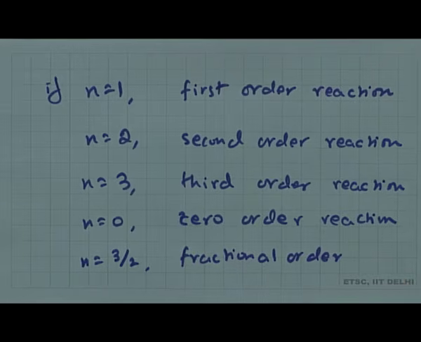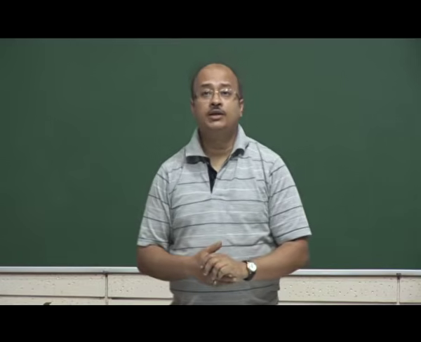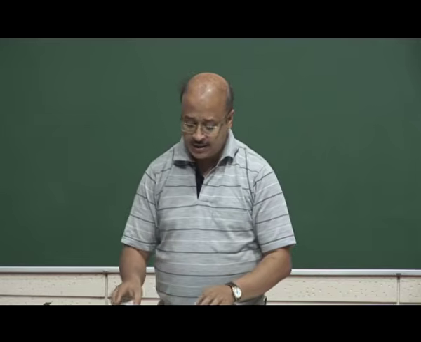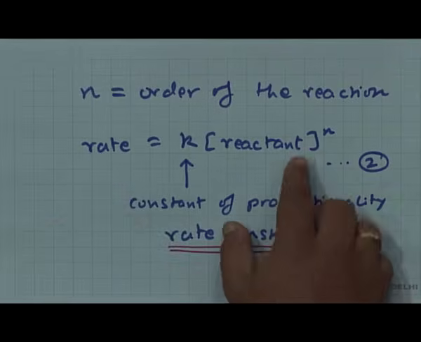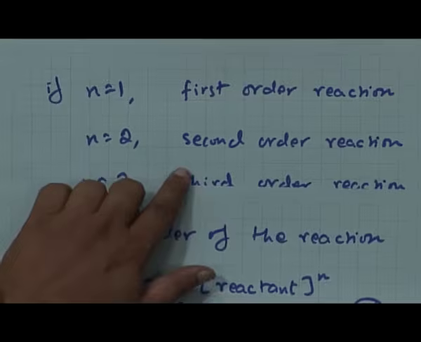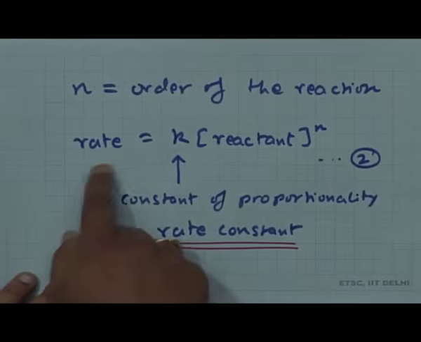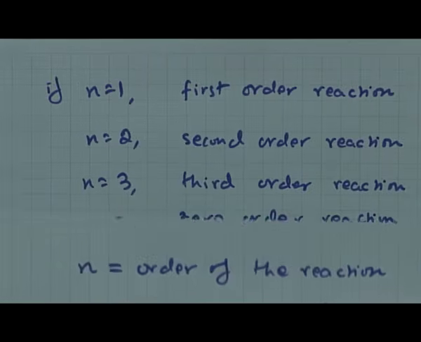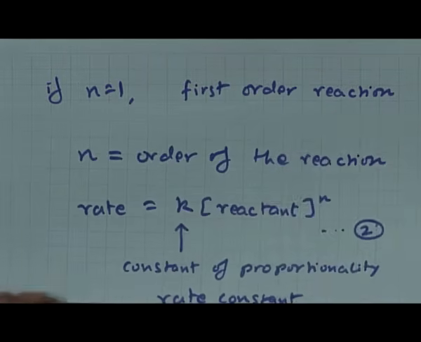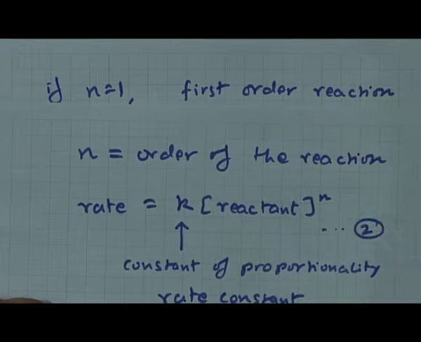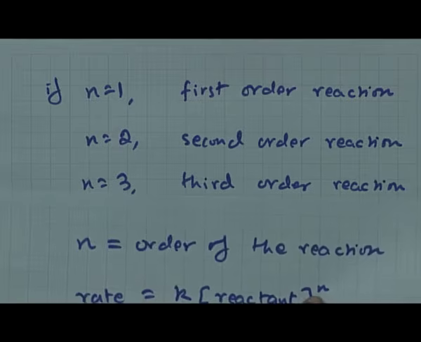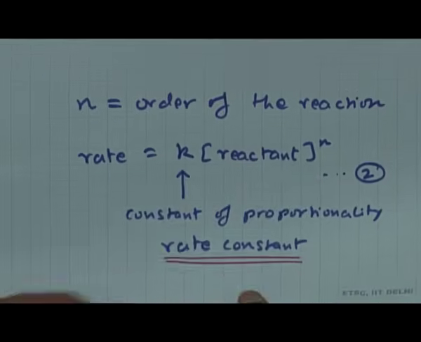So, which means that if n is equal to 1, it tells that the rate is equal to K times reactant raised to the power 1. Then if n is equal to 2, it tells us that rate is equal to K times reactant raised to the power 2. Okay. If n is equal to 3, it is a third order reaction, K times reactant raised to the power 3. If n is equal to 0, then this value of n is 0, which is called a 0 order reaction.